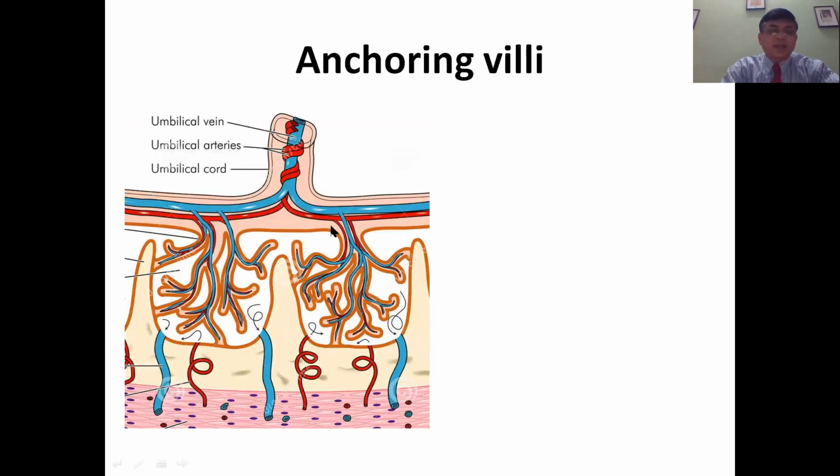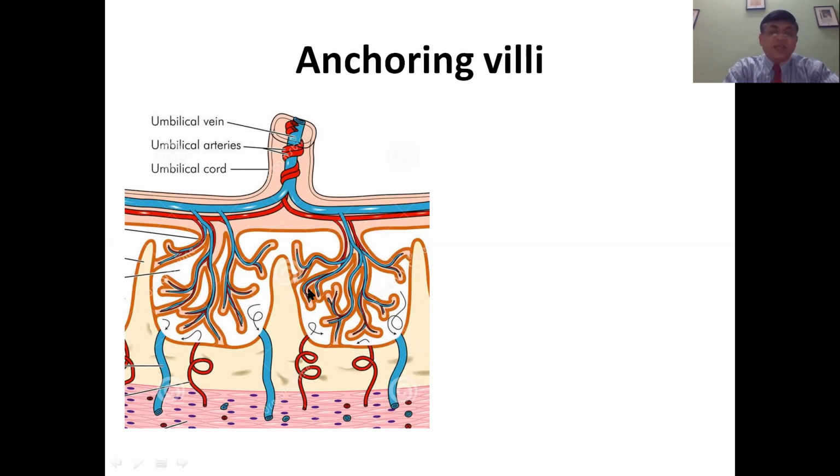We have seen that there is a primary villus, secondary villus, and tertiary villus. The villus which starts here at the chorionic plate and goes up to the basal plate, that is the one which anchors the chorionic plate to the basal plate, and is called the anchoring villi.